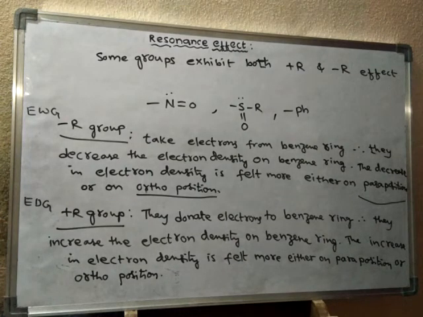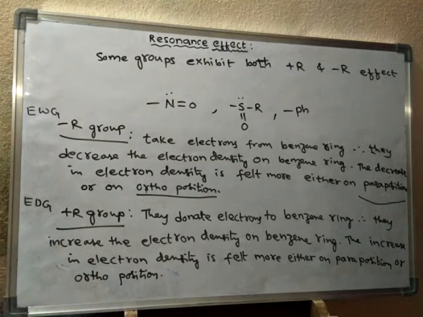So either the increase or the decrease in electron density is felt more particularly on the ortho and para positions. Both the decrease or increase in electron density on the meta position is not that much felt when compared to the ortho or para position.